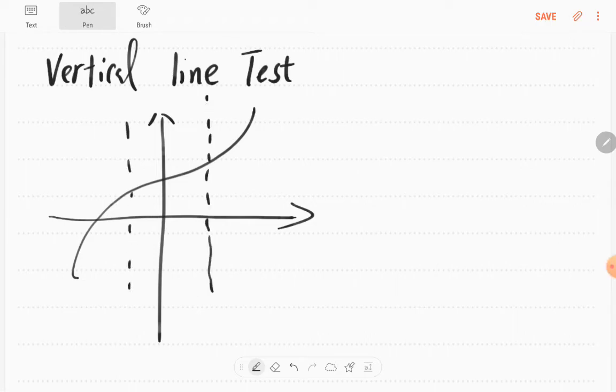If you can see there is only one intersection point for each vertical line, then this is called a function. Why? Because the vertical line represents some x value. If there is only one intersection, that means it corresponds to only one y value, right?